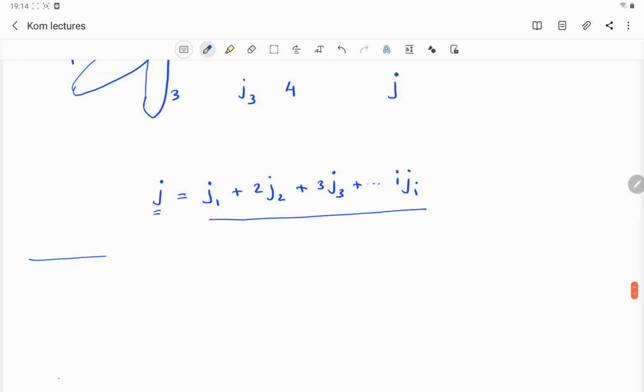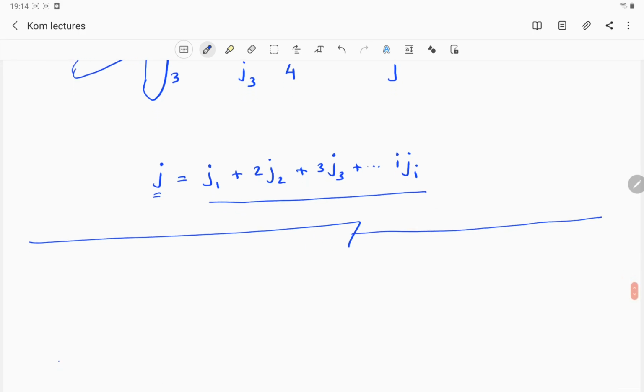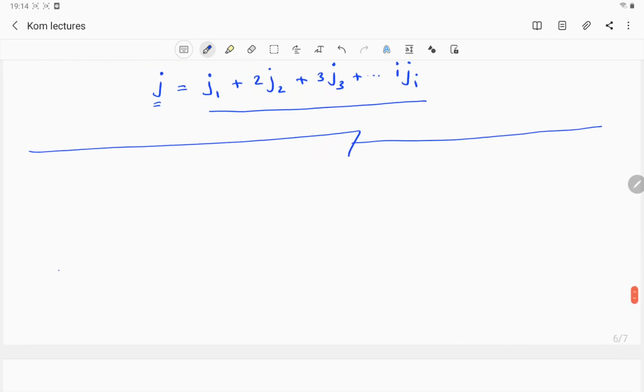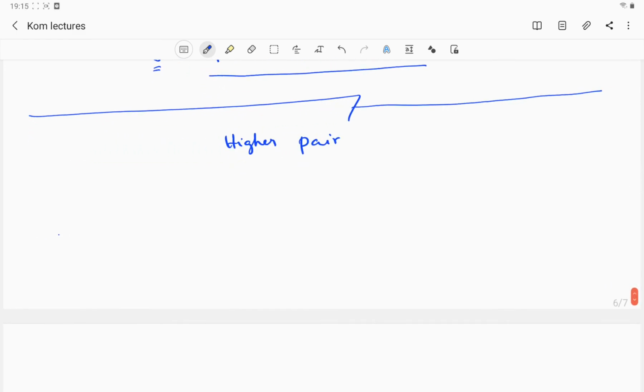Okay, fine. Now how about higher pair? So how should we account the higher pairs? If it's a lower pair, we will be able to arrest 2 independent variables, but if it's a higher pair, then we will be able to arrest only 1 independent variable.